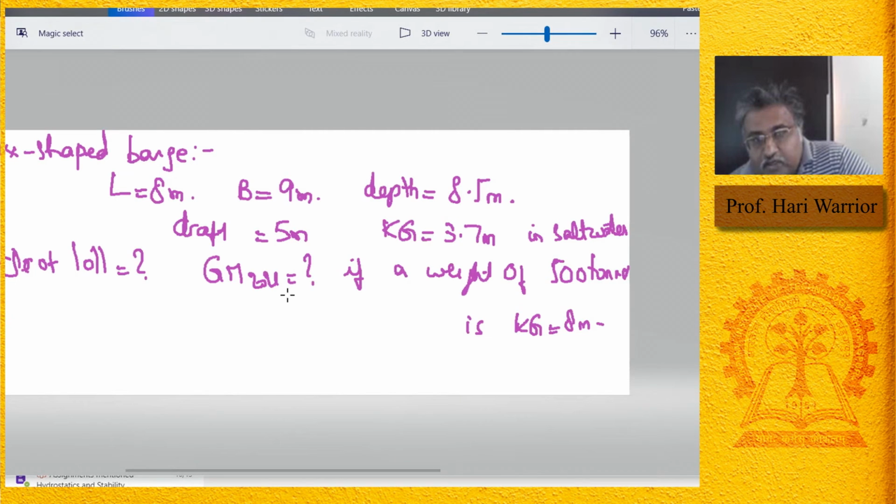Use the load draft, okay? Not the old draft. Load draft. Because we are trying to find the angle of loll when the weight has been added. So after the weight has been added, it is known as a load draft.